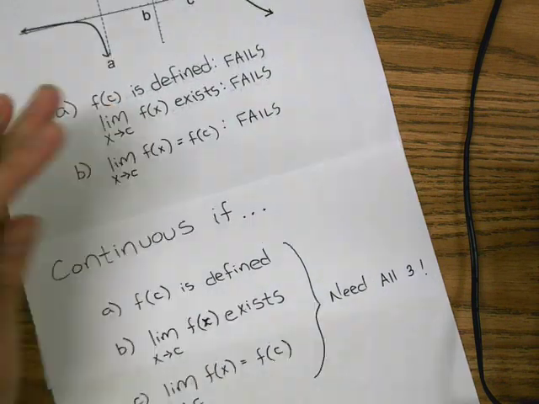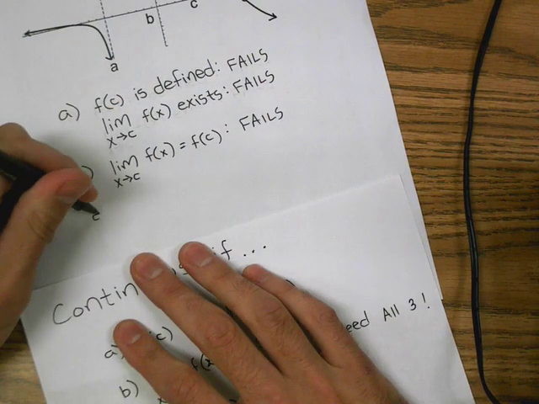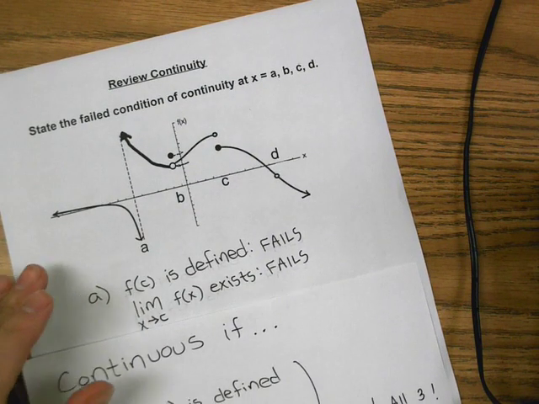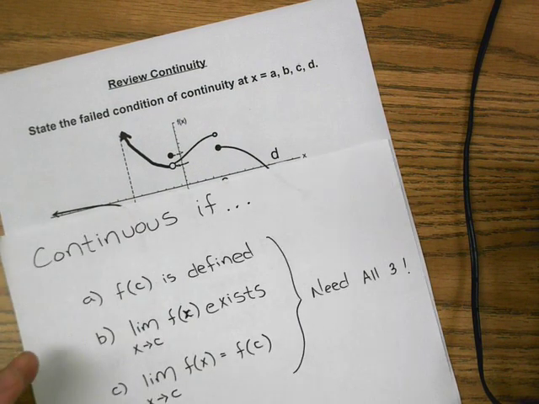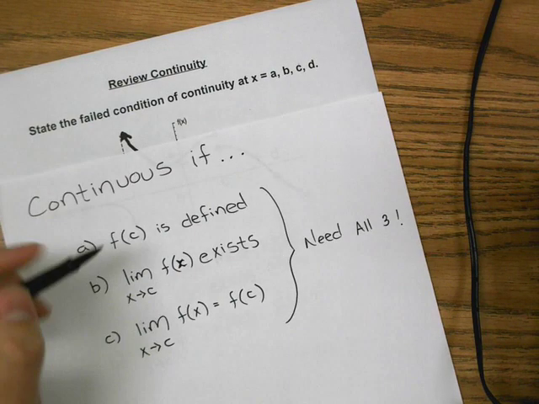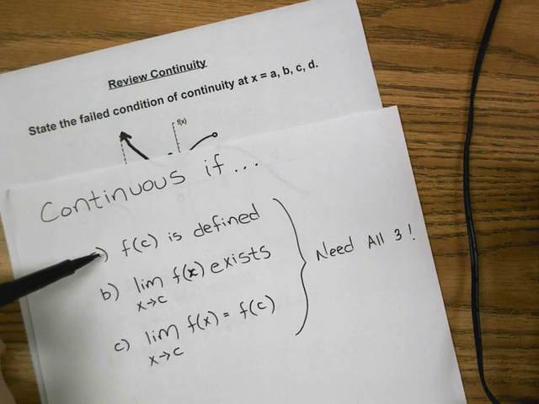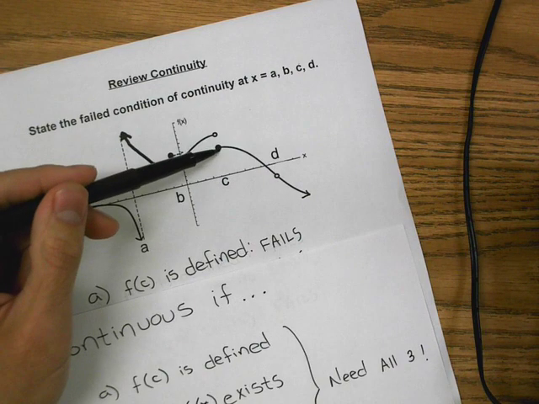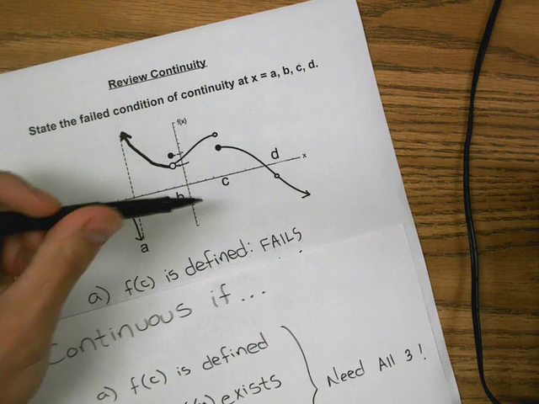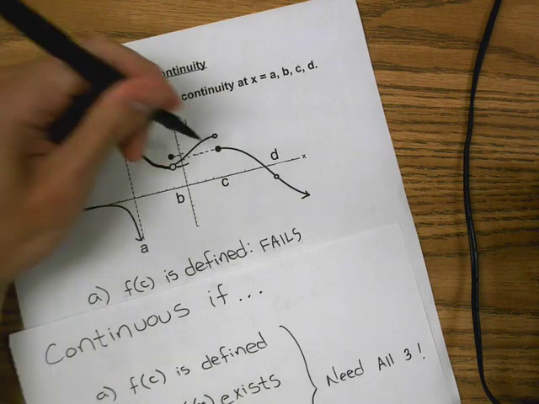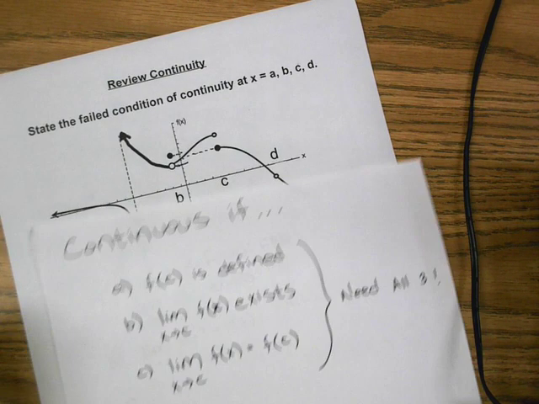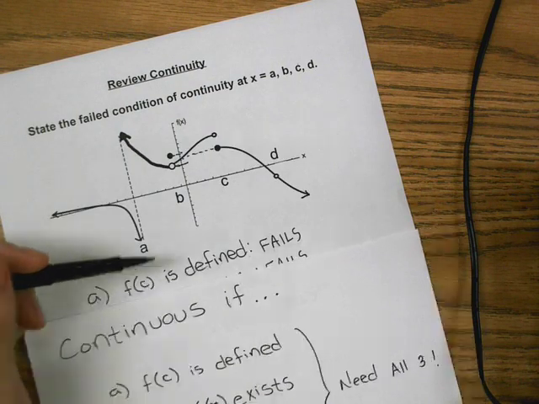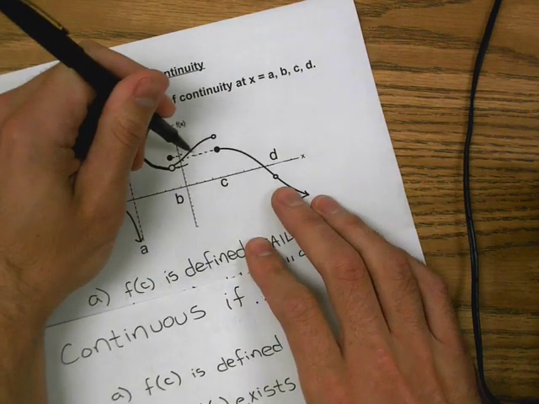Okay, let's try C. We have two more. C looks like we have a jump at this spot. Is the function defined? Yep, it's defined at C. You just look for the closed circle. Let's ask the next question to ourselves. Does the limit exist at that point? Well, again, we have a jump here, so obviously it does not.